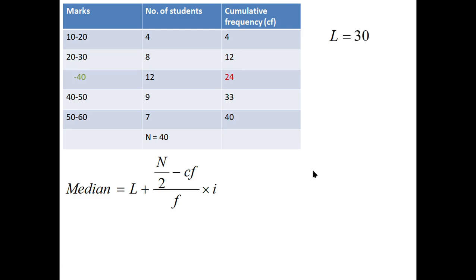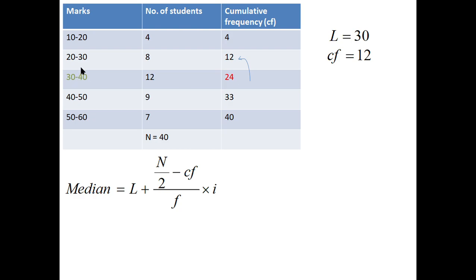L is the lowest value of the median class. The median class is 30 to 40 that we have already identified, and its lowest term is L. So L equals 30 over here. After finding L, we have to check CF. CF is the preceding cumulative frequency compared to the median class CF.